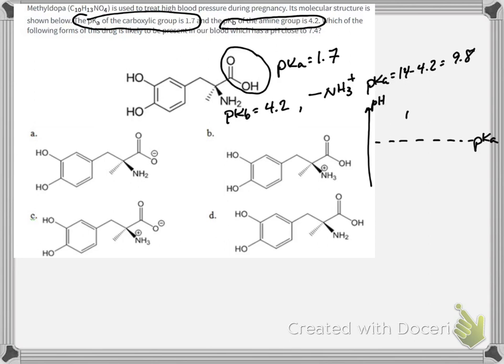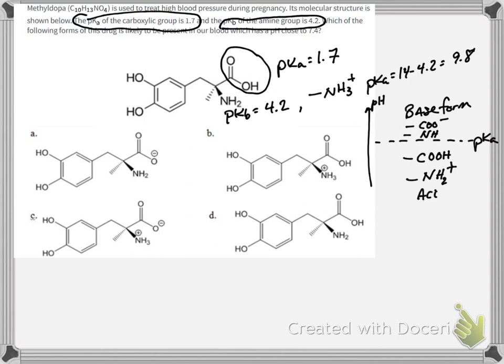If you're above it, you're in the basic form of your group, and for carboxylic acids that's COO minus. For the amine, the basic form is the neutral nitrogen. If your pH is below the pKa, you're in the acid form, and in that case that's the positively charged nitrogen or the neutral COOH. So that's really what this analysis is about.